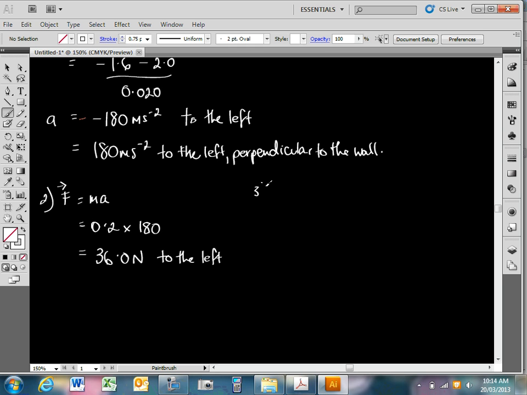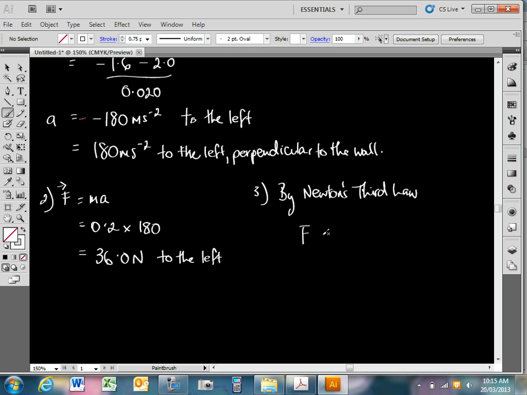Part 3 says average force exerted on the wall during impact, and we're going to have to say something like this by Newton's third law. For every action, there is an equal and opposite reaction.